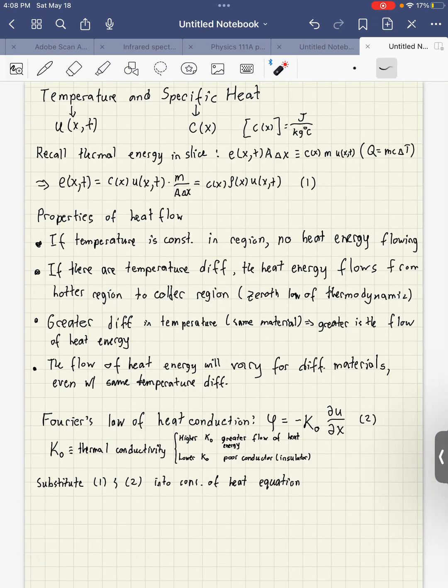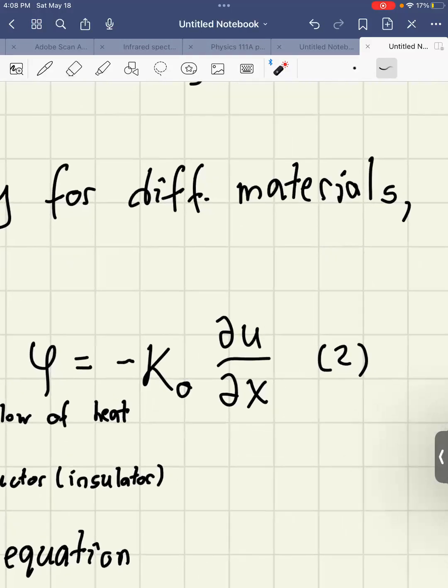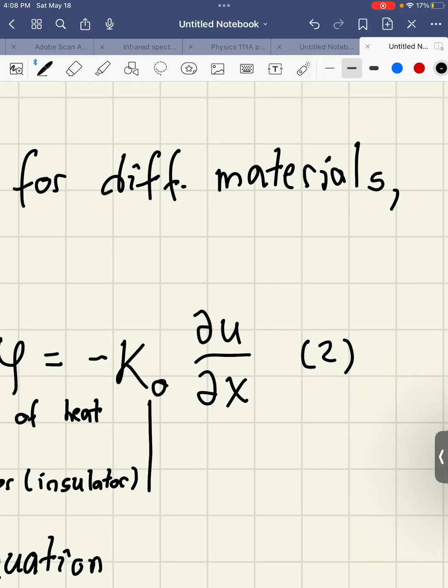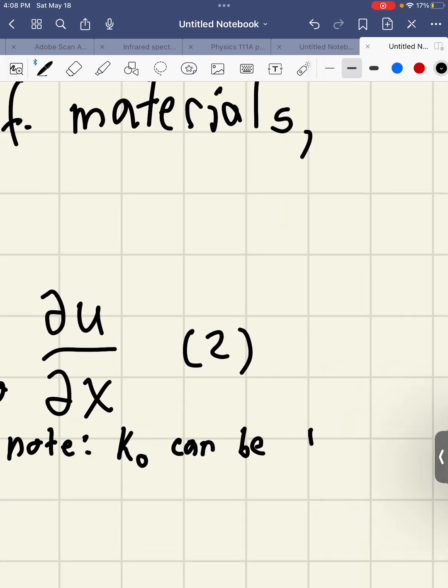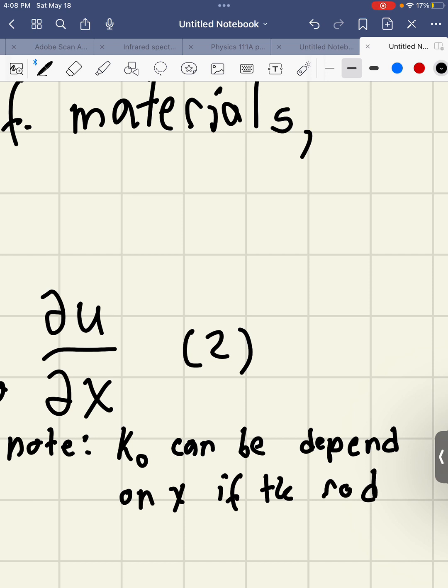Now, one thing to notice: K naught can depend on x if the rod is not uniform, if it's not uniformly made.